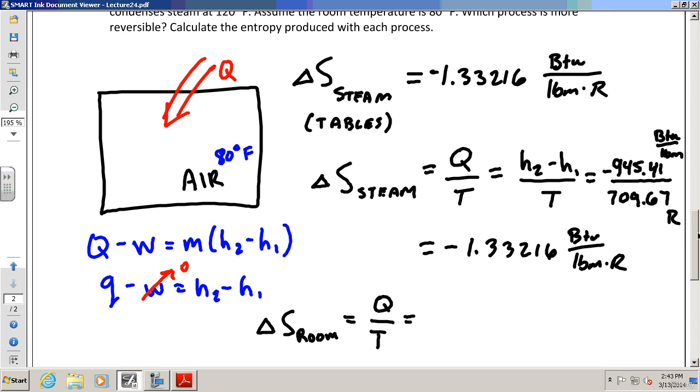It's that 945.41 BTU per pound mass. But the temperature is the temperature of the room, which is 80 degrees Fahrenheit. So 80 plus 459.67 is 549.67.